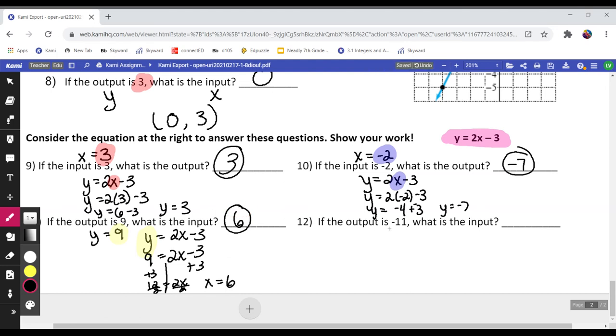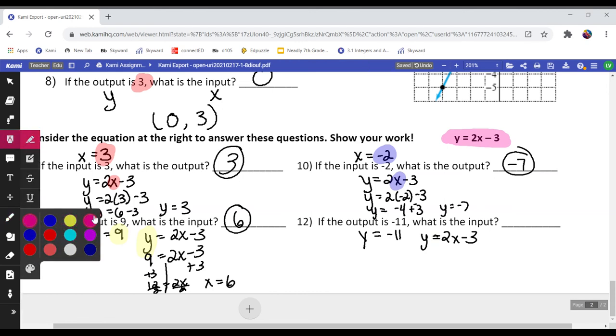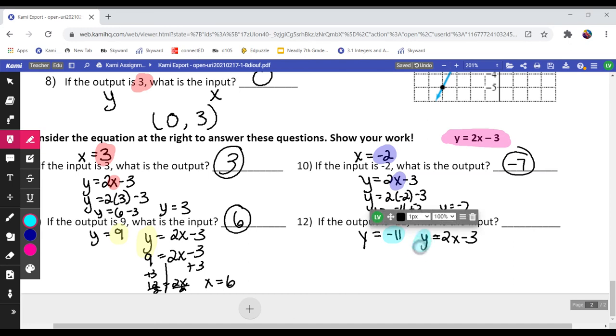Number 12, if the output is -11, what is the input? Well, output equals -11, so y equals -11. Taking my equation, y equals 2x minus 3, now I'm going to plug in that -11 for my y value right here.